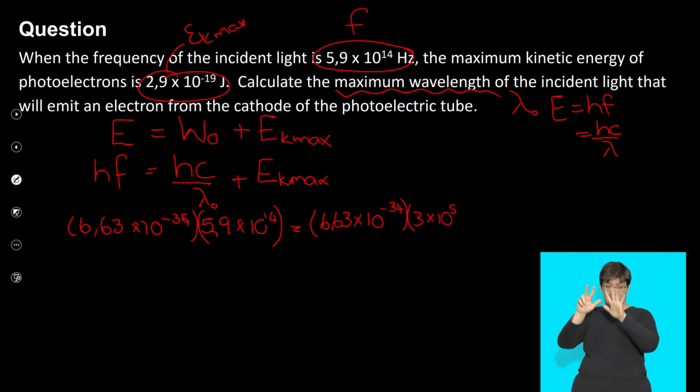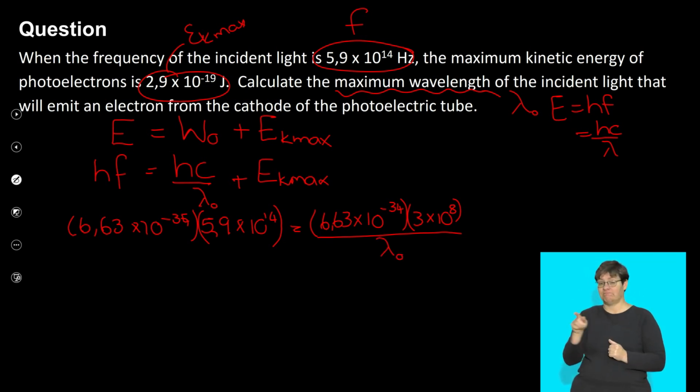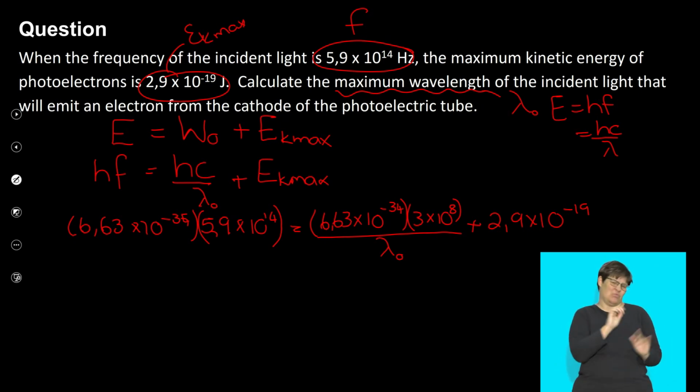Those are constants. They're on your information sheet. That's going to be divided by the wavelength. And they told me that this was 2,9 times 10 to the minus 19. And this just all looks horrible, but it's really not, okay?